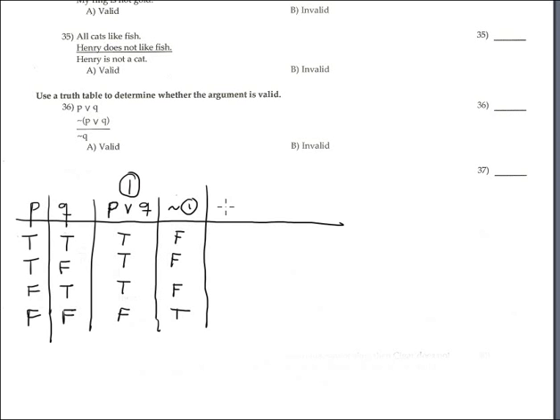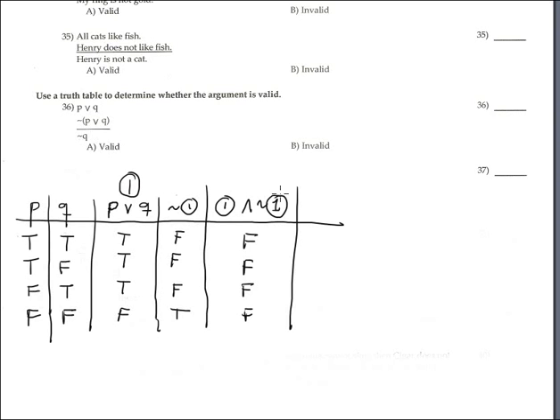Now after that, let's see the conditional formed by one conjunction negation one. It is always false, false, false, false.